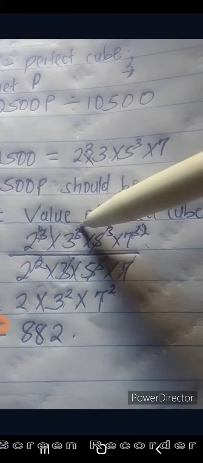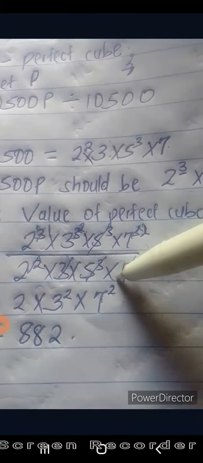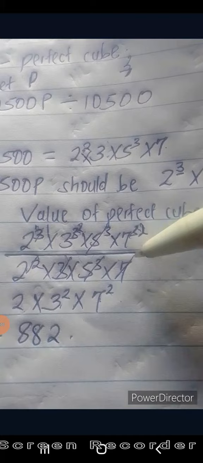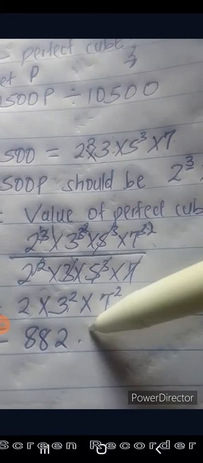Here, 3 power 1 takes power 1, remain with 2 powers. 5 power 3 goes, 7 power 1, remain with 2 powers here. So our final answer, you get 2 times 3 power 2 times 7 power 2. That is 882 as our last answer. The correct answer is that one.